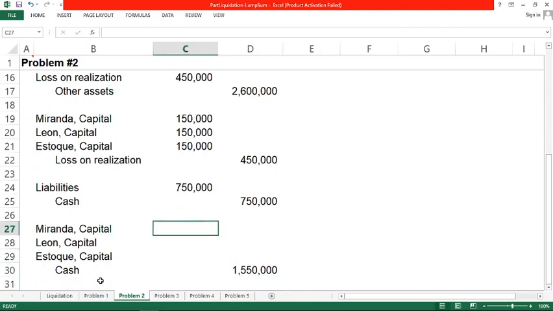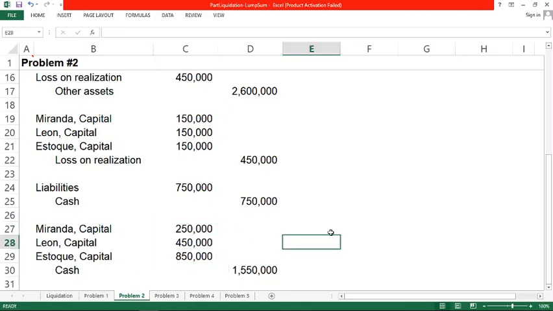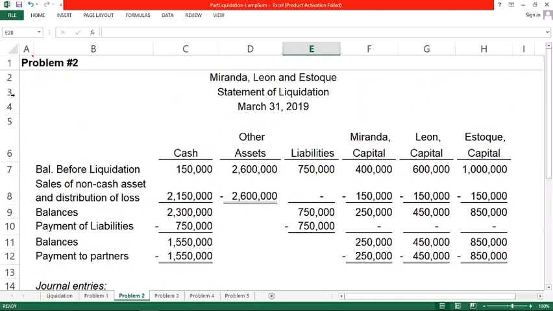That is Miranda for 250, Leon for 450, and Estoque for 850, a total of 1.55 million. That is how we prepare the statement of liquidation for the partnership and entries in relation to the liquidation.